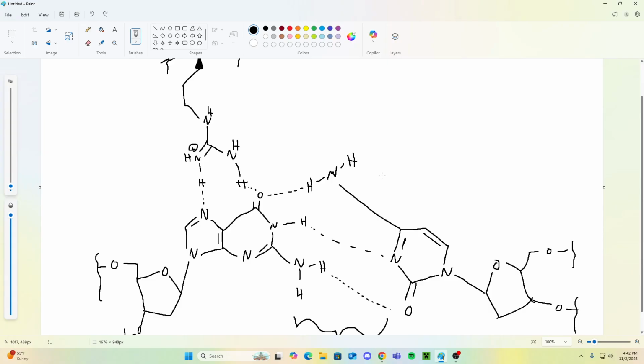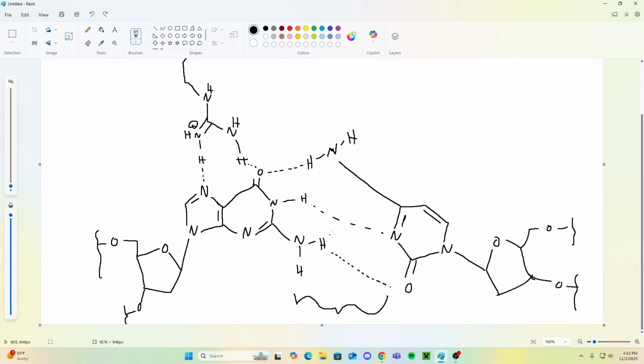And if you're looking for specific bindings, the reason why major groove is shown in this one is simply to do with that OH binding with the rotation of the guanine binding with the adenine.